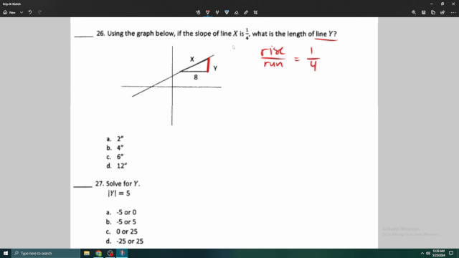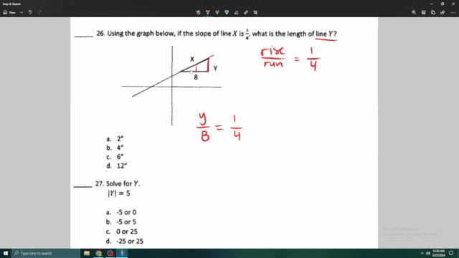I know that one way to think about this is that y over 8 is going to be proportional to 1 over 4. Kind of like this. Let's see if I can get this perfectly correct.